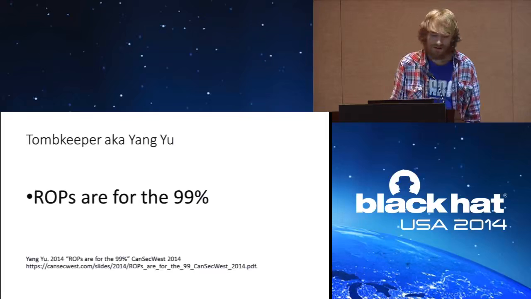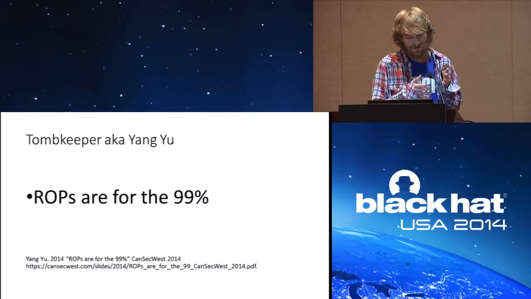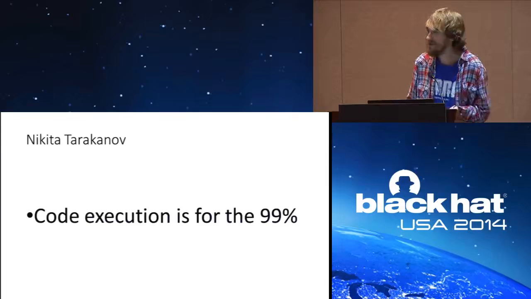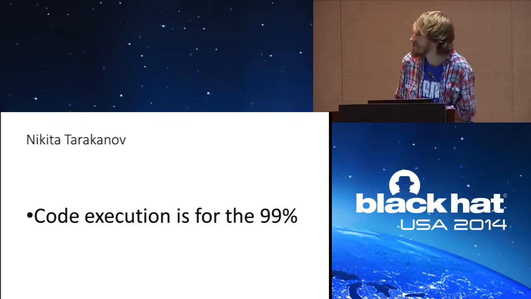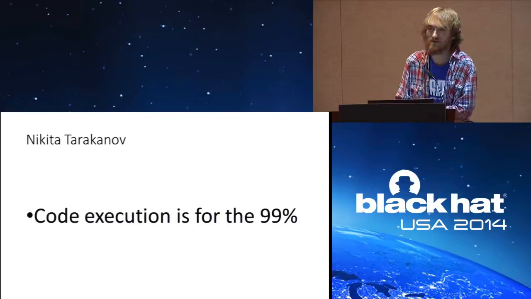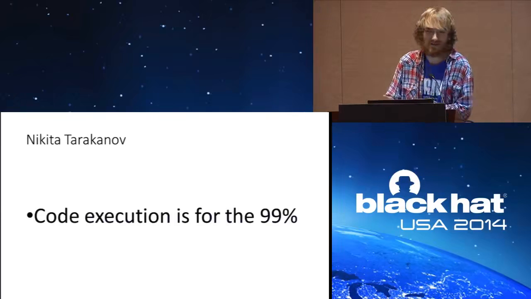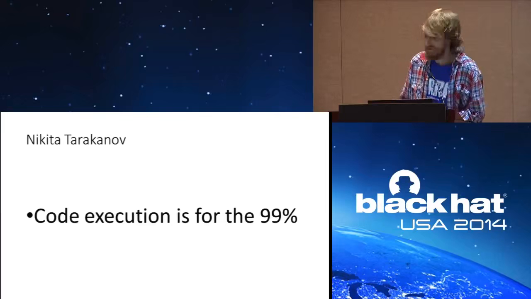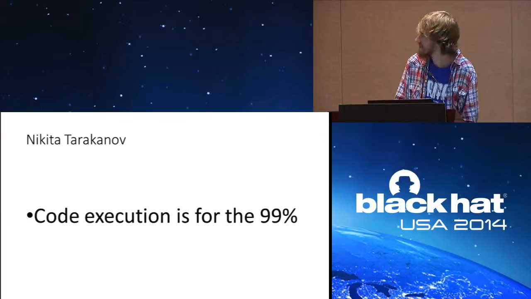But I thought, talking about elevation of privilege, what if we don't need our own payload, because everything is legitimate inside? You just need to smash objects in a proper way. So that's it.